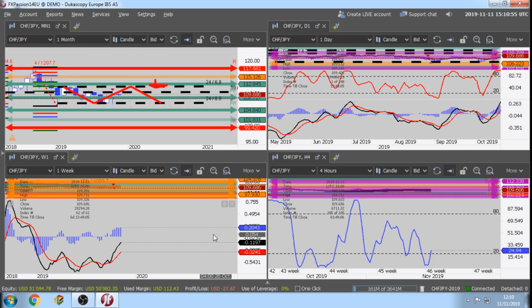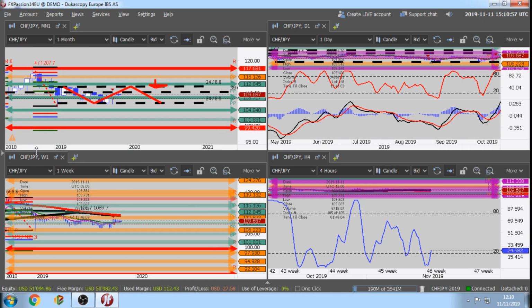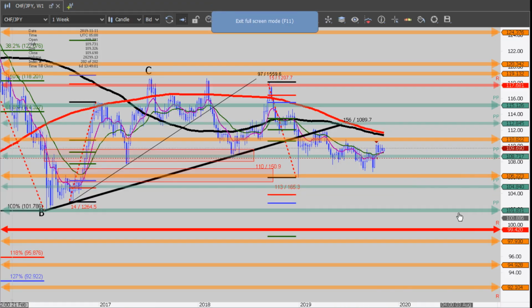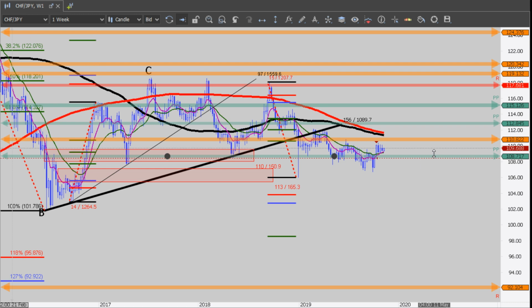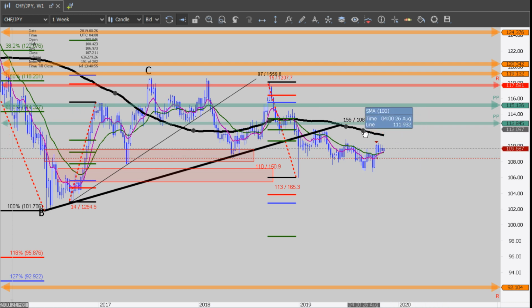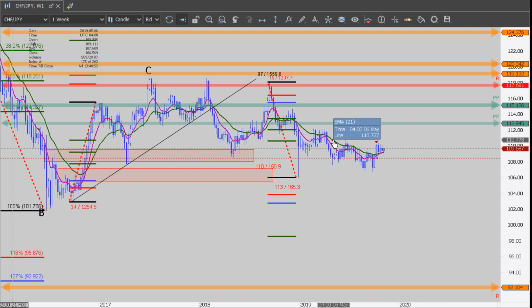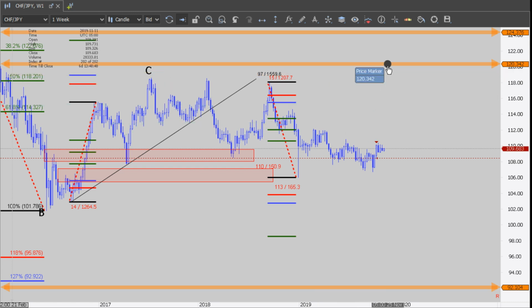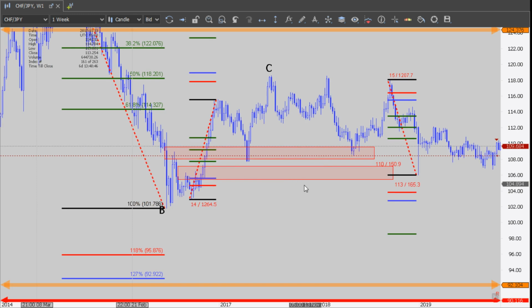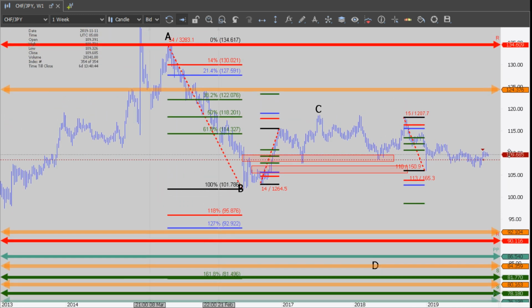Now let's go on the weekly, and again, don't do this, everybody. Don't put everything and anything on the chart. Let's delete, delete, delete. If not, you are not going to see anything. We have a down Fibonacci, original one.